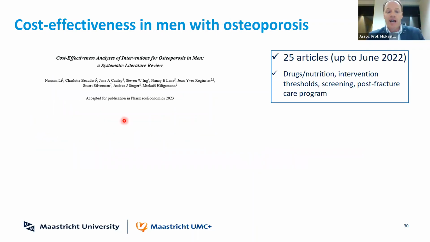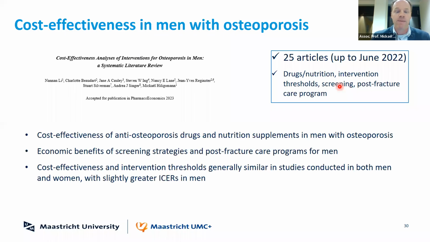With a large group of experts, we also recently got a paper entitled Cost-Effectiveness Analysis of Intervention for Osteoporosis in Men, systematic literature review, accepted for publication in Pharmacoeconomics. The proofs have been reviewed and the paper will be available in the next few days. 25 articles were identified and were about drugs and nutrition, intervention threshold, screening, and post-fracture care programs.